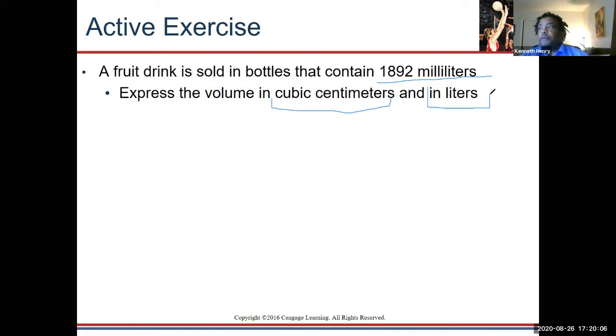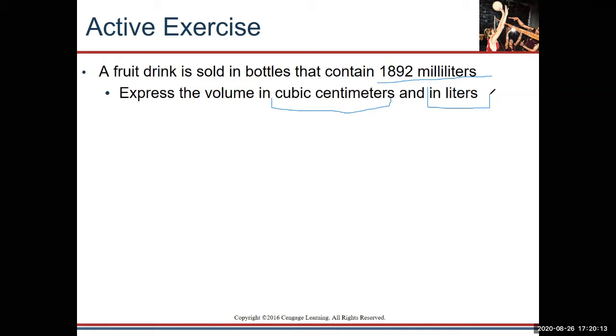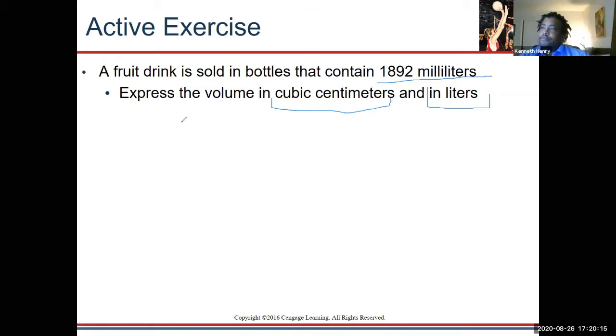So where am I going to start? You start with what's given. The abbreviation for milliliters is a small ml.